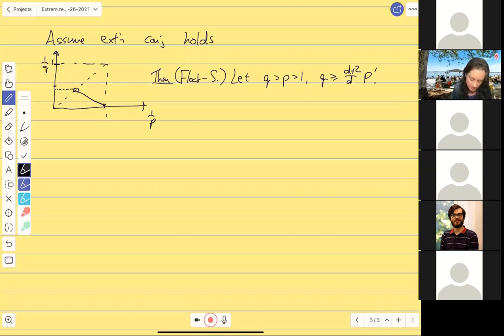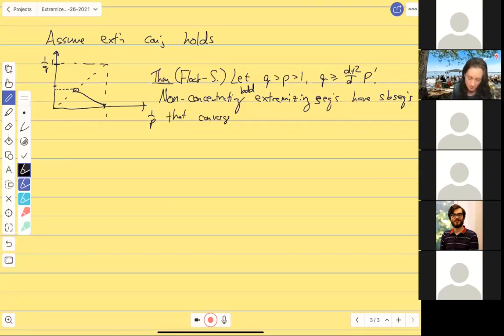Then non-concentrating extremizing sequences possess subsequences that converge modulo modulations in L^P to an extremizer.